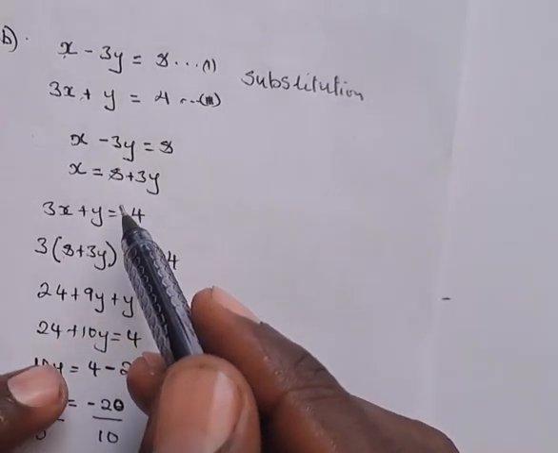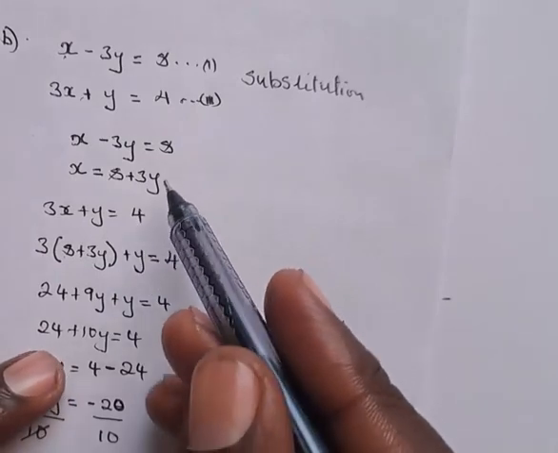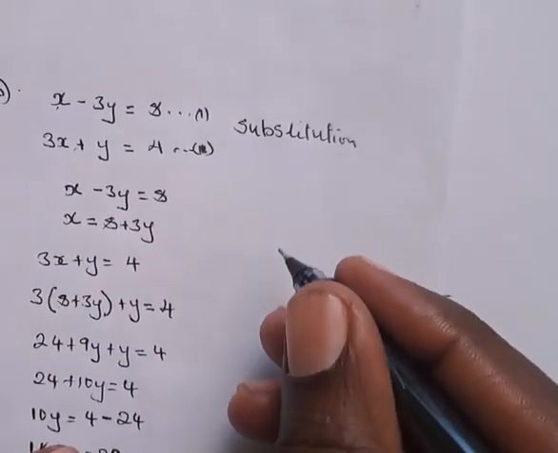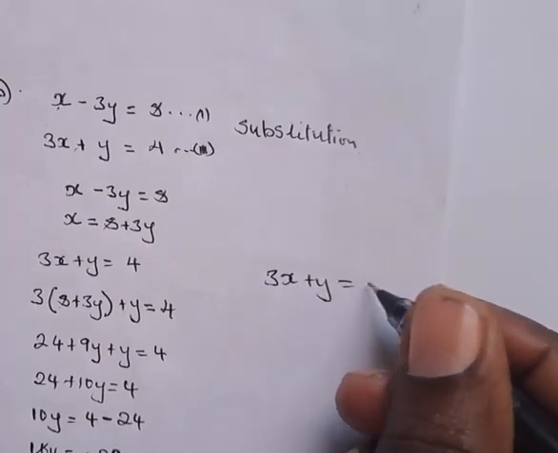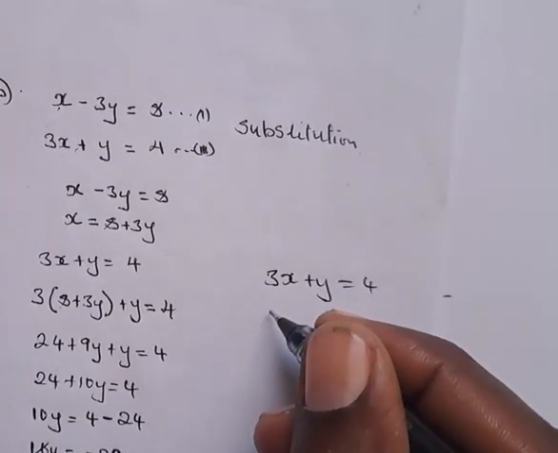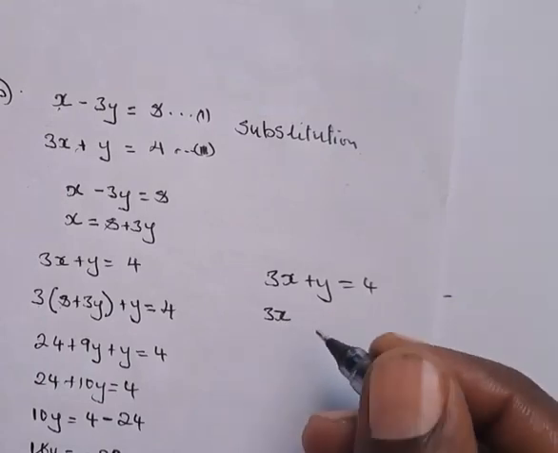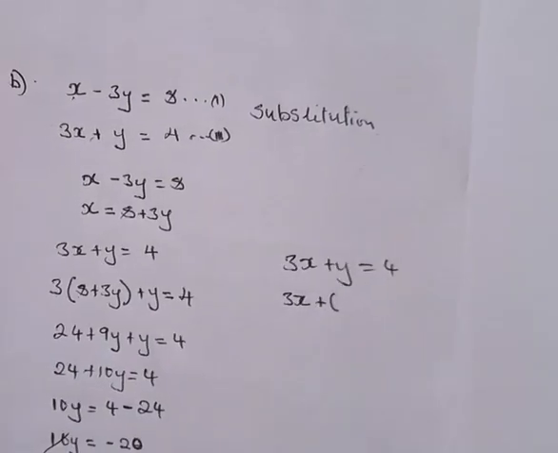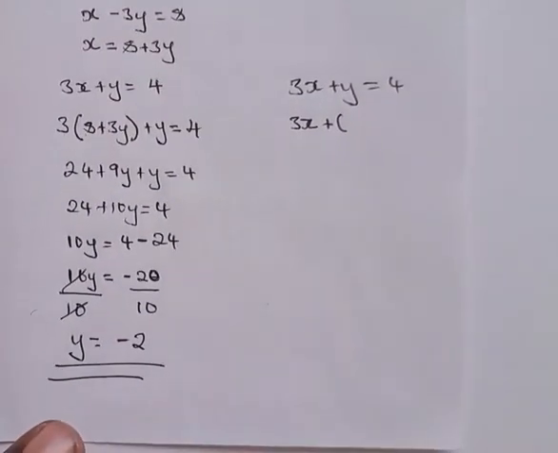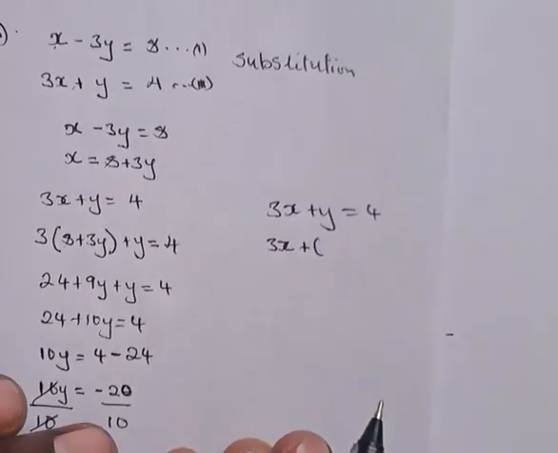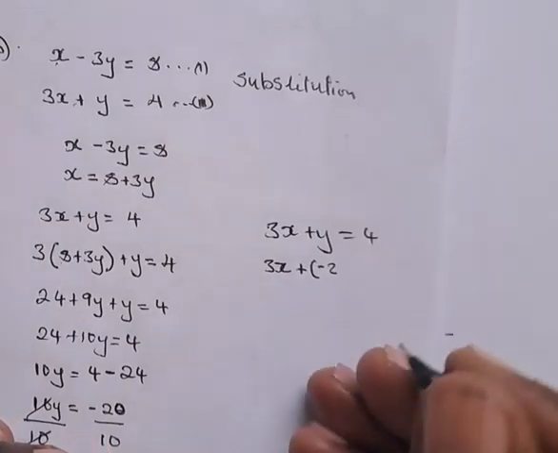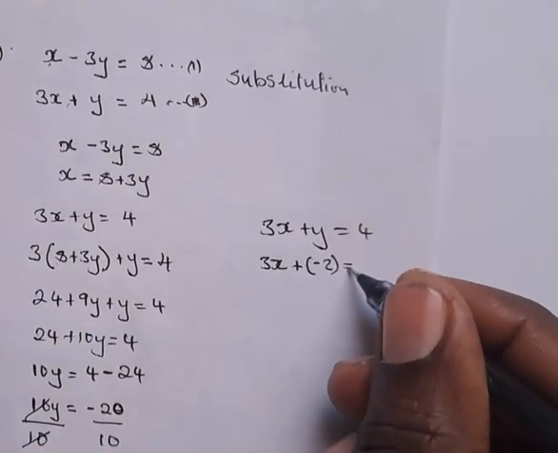Let's pick equation 2 this time around, which is 3x plus y is equal to 4. So we have 3x plus, where there is y, remember, we said y is negative 2. So 3x plus negative 2 is equal to 4.